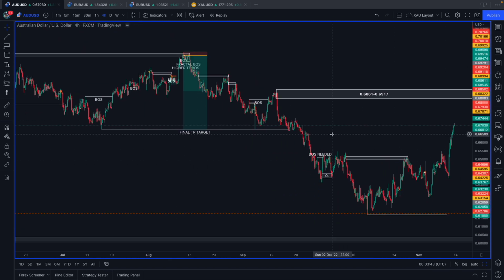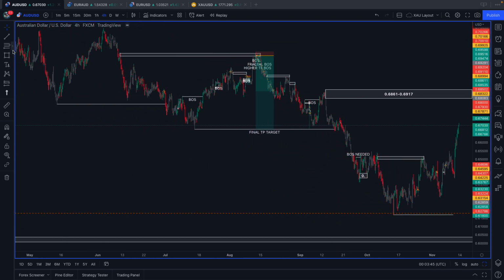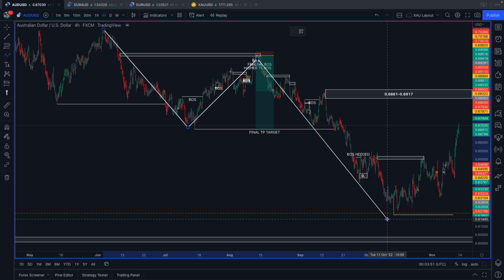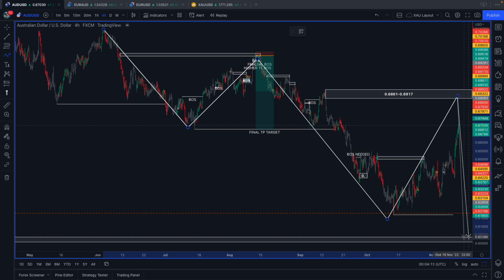If we just zoom out slightly, you can see how price is producing clear bearish structure, lower highs and lower lows. So what we want now is for price to continue this corrective wave that it is putting in fractally, provide us with a lower high, and then we will look to get involved in the next impulsive wave that goes on to create its next lower low.